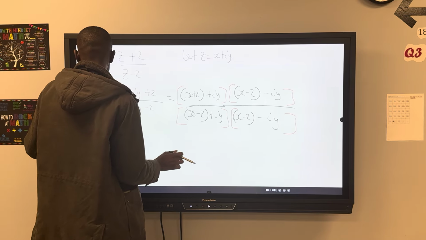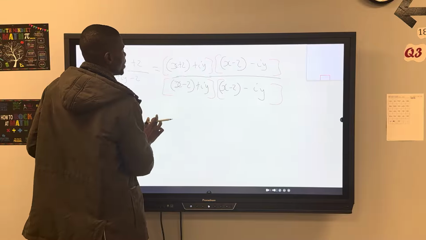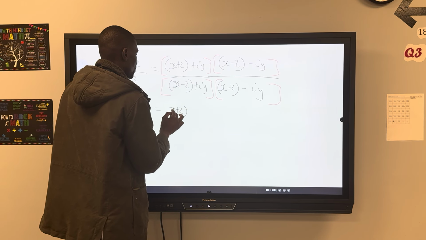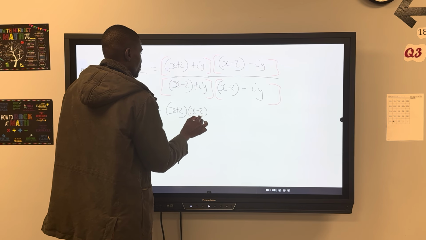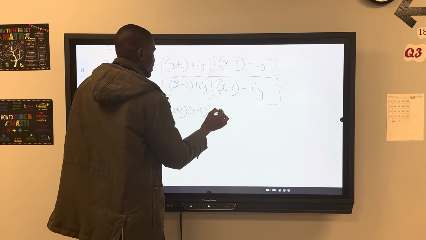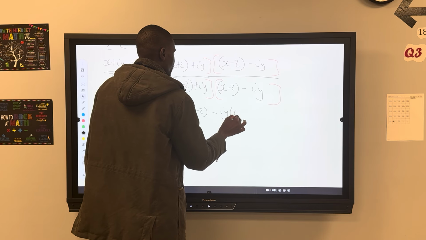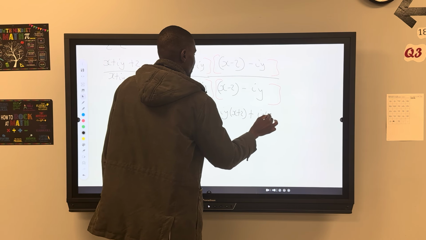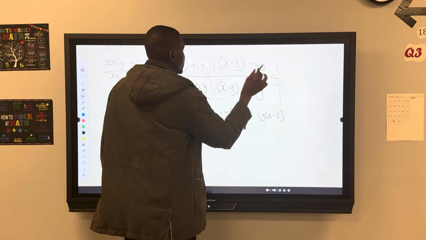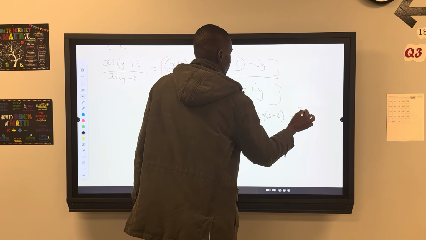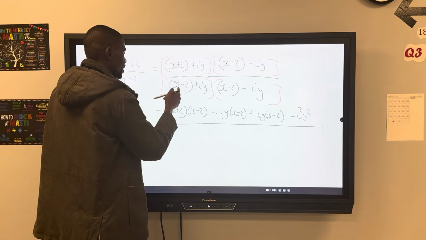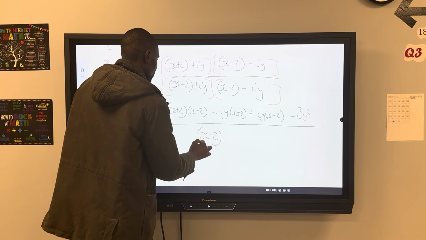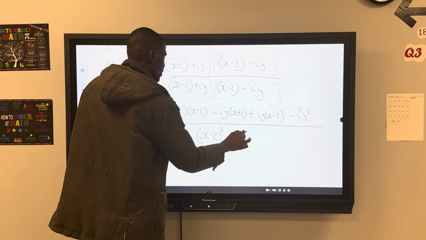So let's simplify. It's going to be this times that: x plus 2 times x minus 2, then minus iy times x plus 2, plus iy times x minus 2, then minus i squared y squared. Remember, i squared is negative 1, but for the denominator just use the difference of squares, so it's plus y squared.